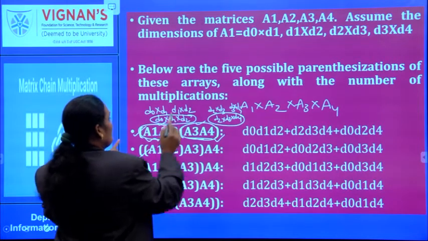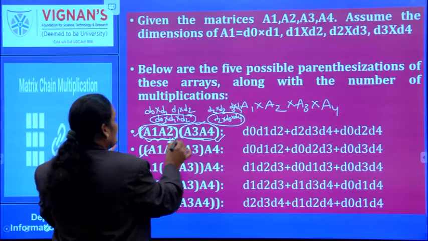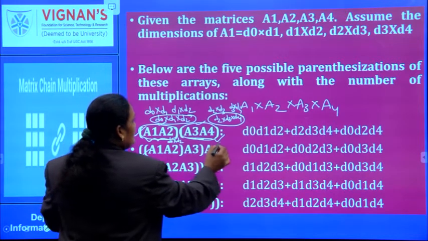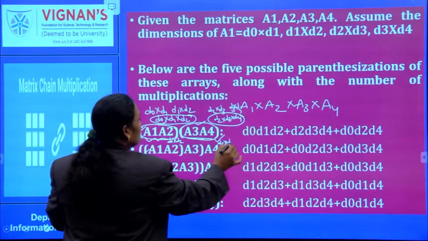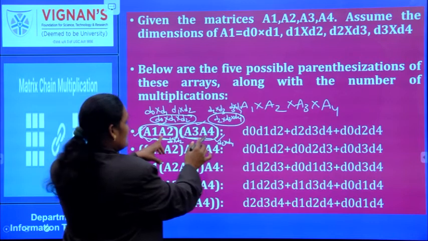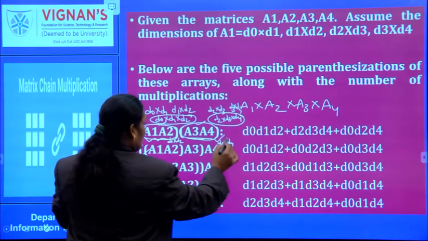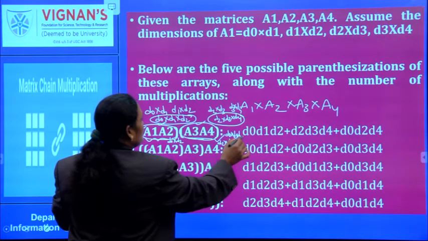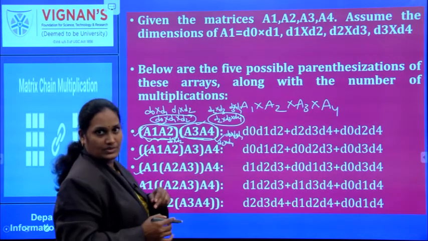The resultant matrix dimensions are D0 by D2. Here the resultant matrix dimensions are D2 by D4. The multiplication of these two resultant matrices requires D0 into D2 into D4 multiplications.